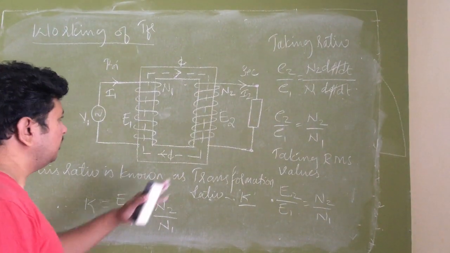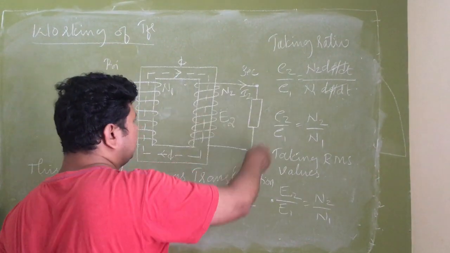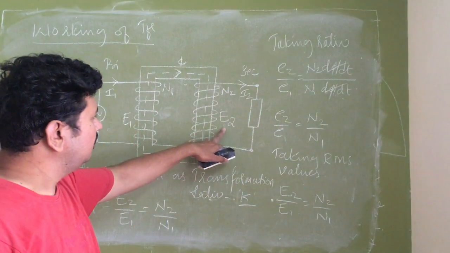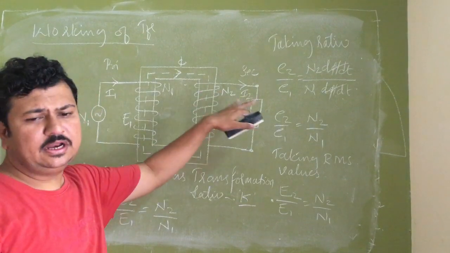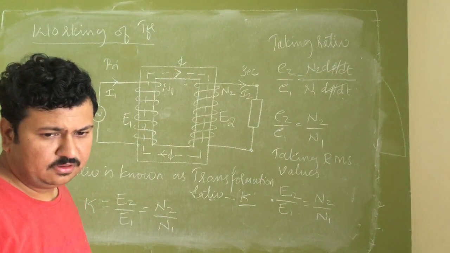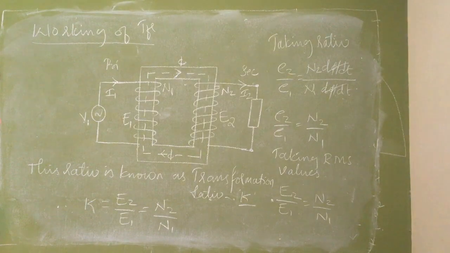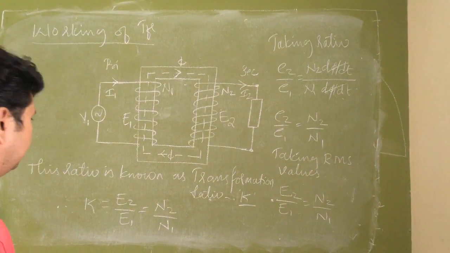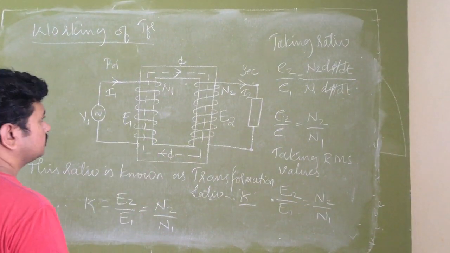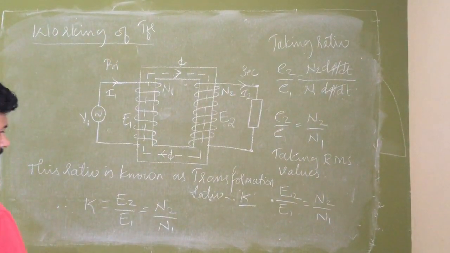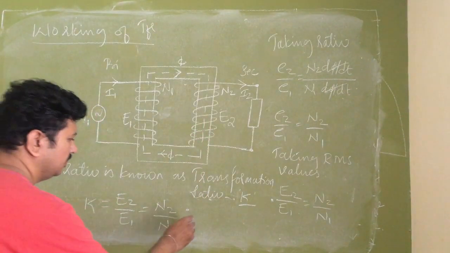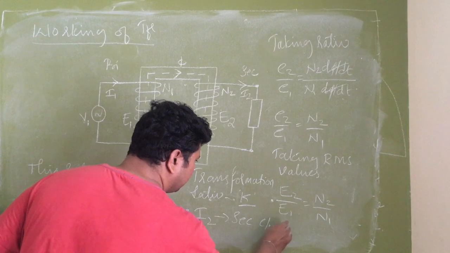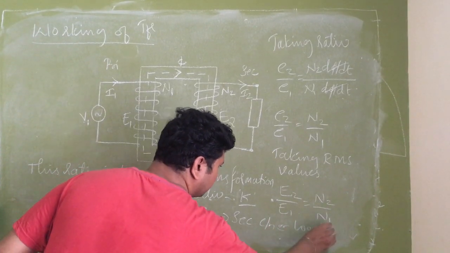Now if I connect some load, the secondary circuit will become a closed path. The EMF induced E2 will make the current I2 circulate in the secondary coil. So I2 is the secondary current or load current.